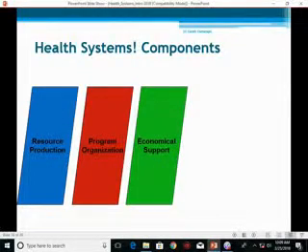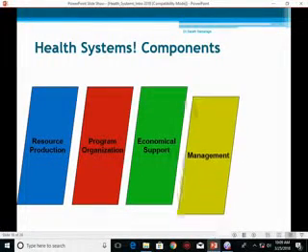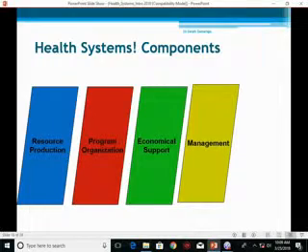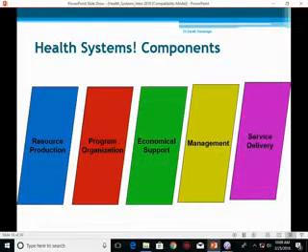Then we need to have some financial mechanisms. From where do we get the money, the economic support for the health system to run? Then the management of it, the stewardship and leadership given to that, how we are running that, and finally the service delivery.